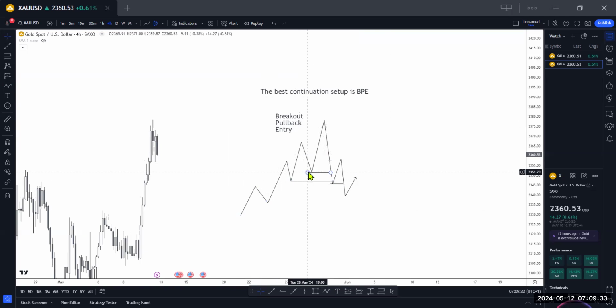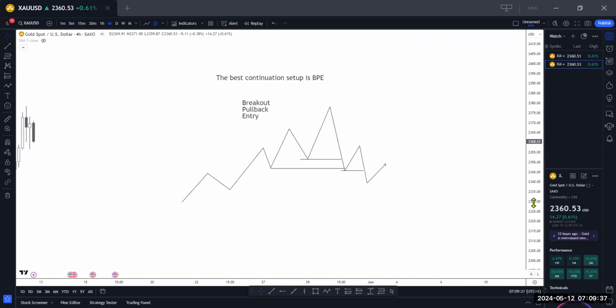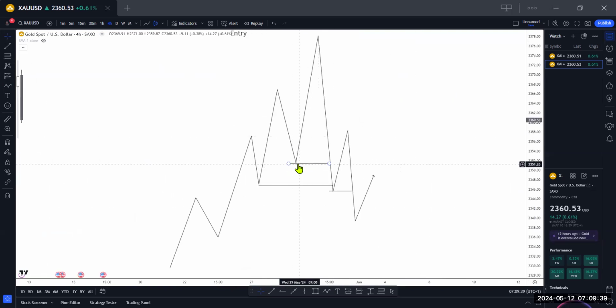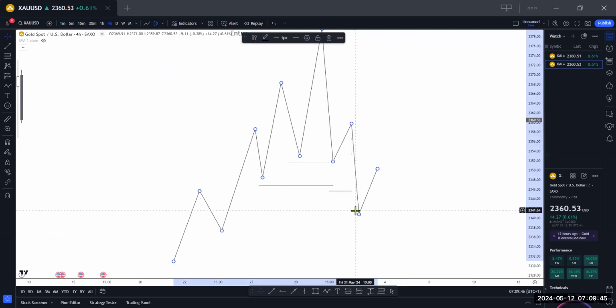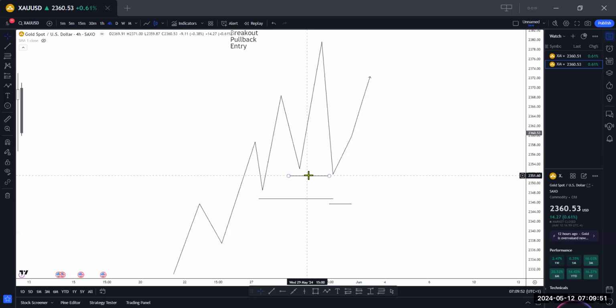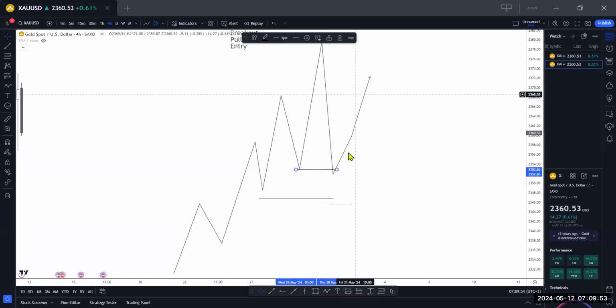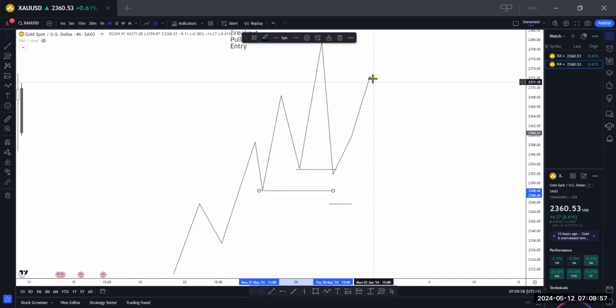Why is that important? Because in a bullish trend, these extremes are where you expect price to come, tap, and buy. Why? Because it's a bullish trend.